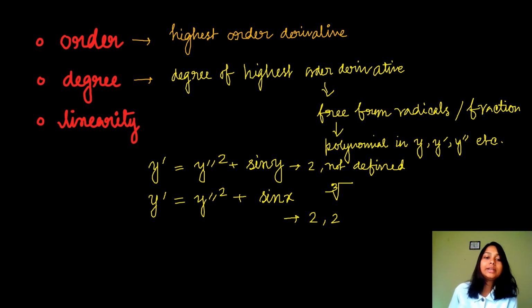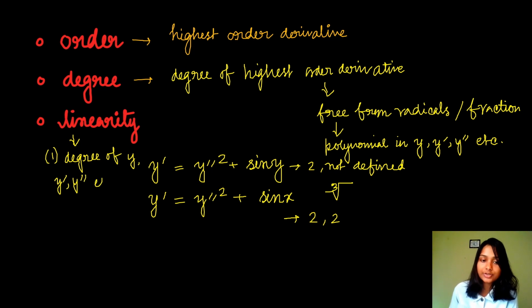Next, for the linearity part, there is a form of linearity which I will discuss in another video, but for linearity, the simplest test is to check that the degree of y, y dash, y double dash, and the other derivatives too, should be 1.